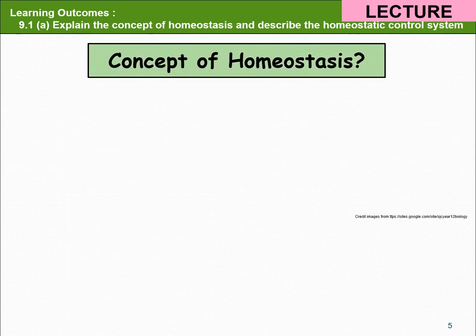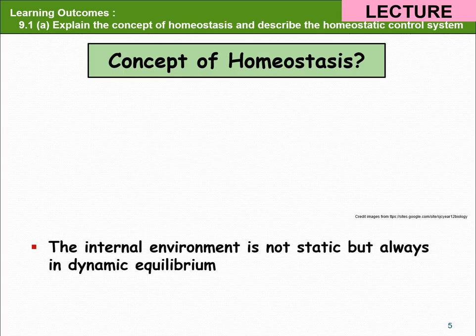As we already defined homeostasis as a process to maintain a stable internal environment through physiological processes, we should know that our internal environment fluctuates based on our daily activities. For example, when we skip our meal, our blood glucose level will drop, or when we exercise, our body temperature will rise.